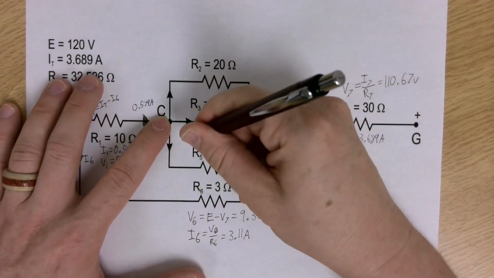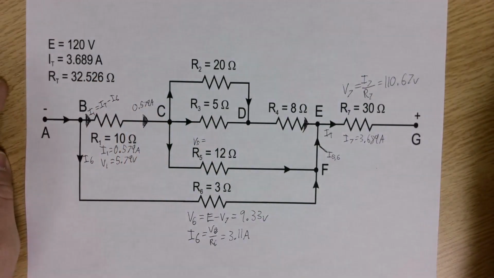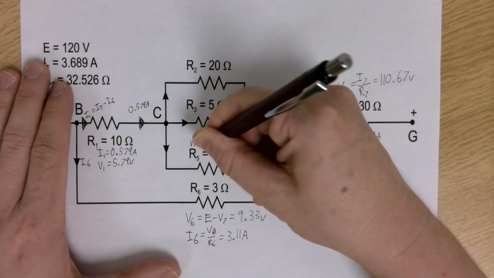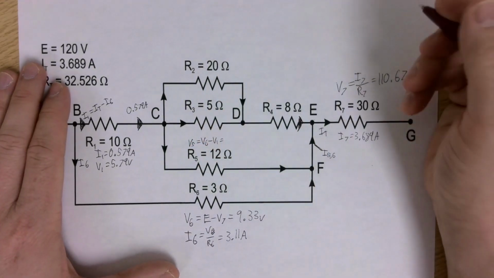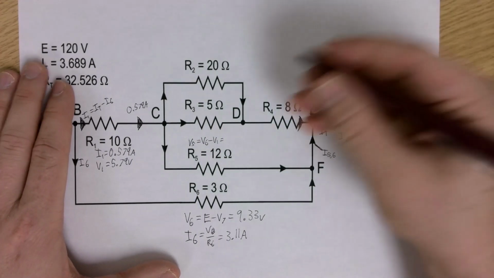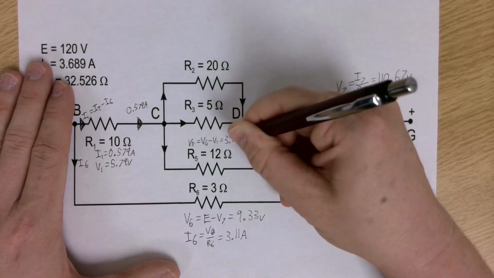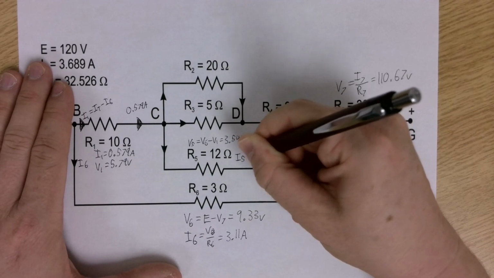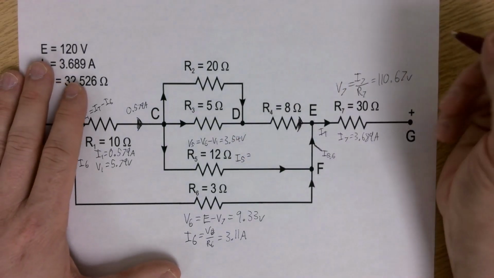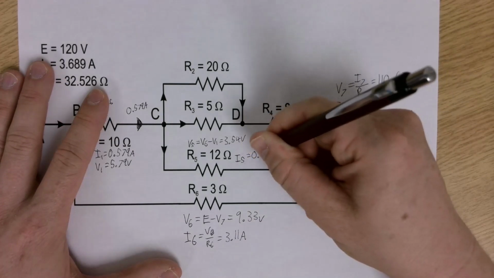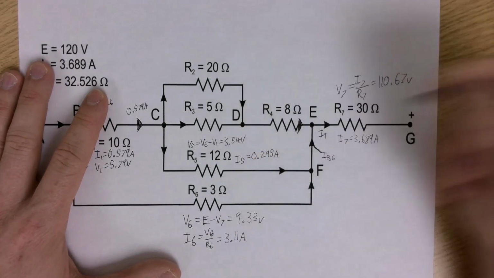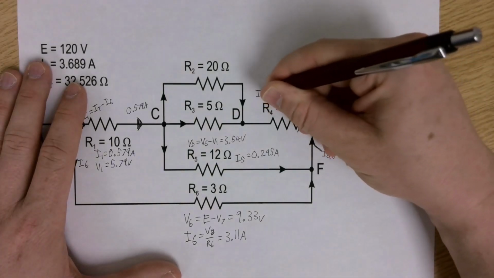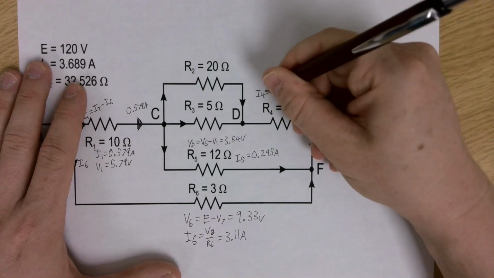So I can say V5 is equal to V6 minus V1, which is going to give me 3.54 volts. Sweet. Now I also know that I5, thanks to that voltage, is equal to 0.295 amps. Wicked.